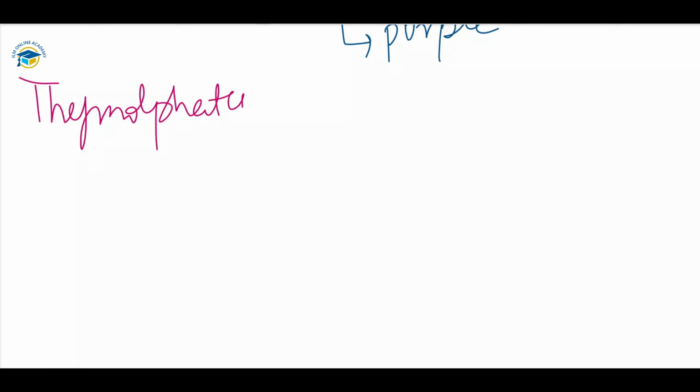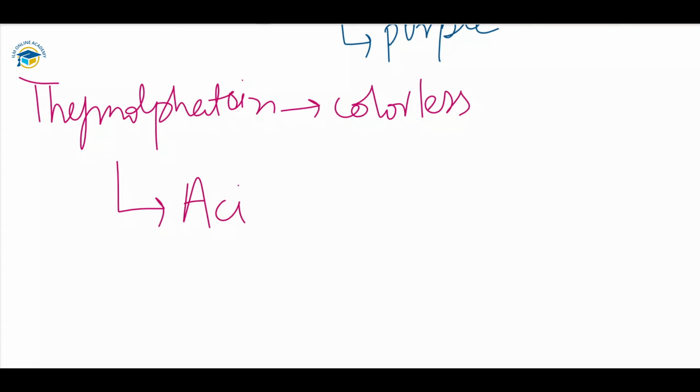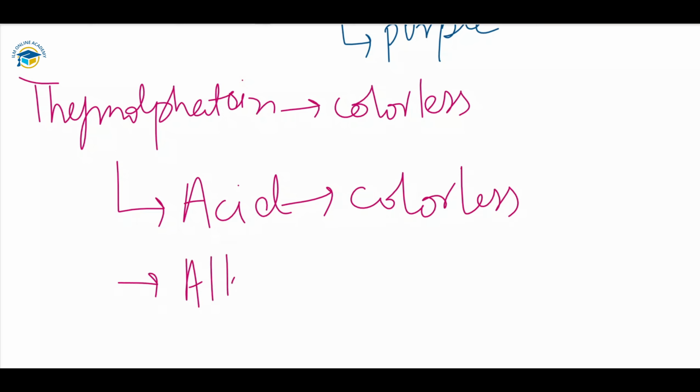So the neutral color of phenolphthalein is colorless. It is colorless in neutral solution, which is not the acidic or the basic solution. In case of acid, it is also colorless. But when it is added to the base or the alkali, it turns blue.